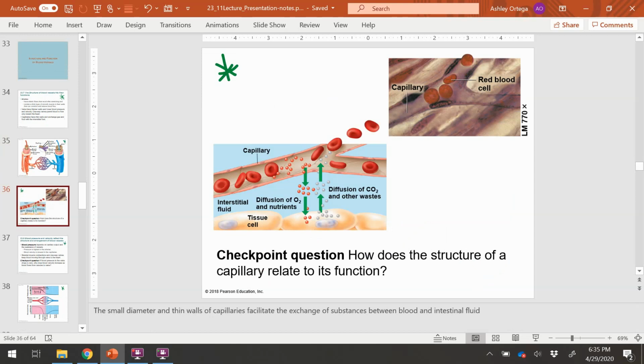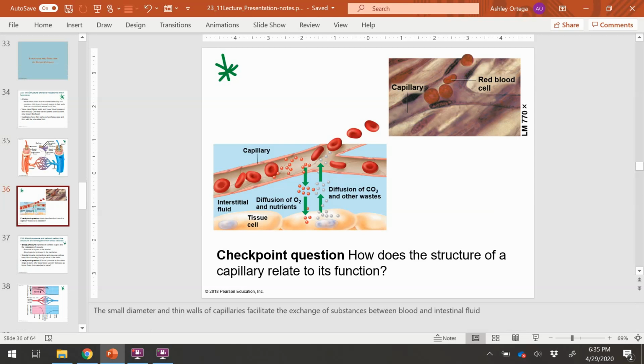The capillary has a simple squamous layer that is, in terms of diameter, just wide enough to fit one red blood cell at a time. This allows for a great amount of exchange between the red blood cell and the tissue cells and the interstitial fluid that you can see here.